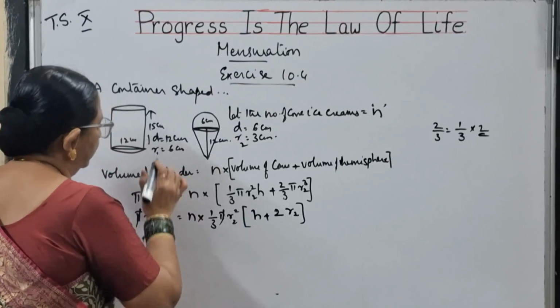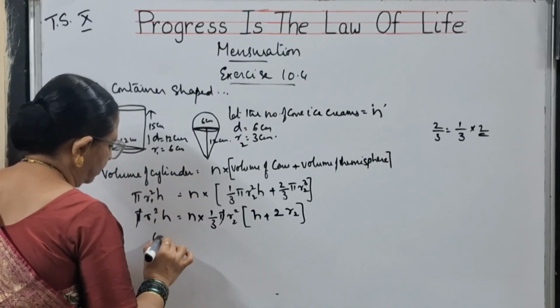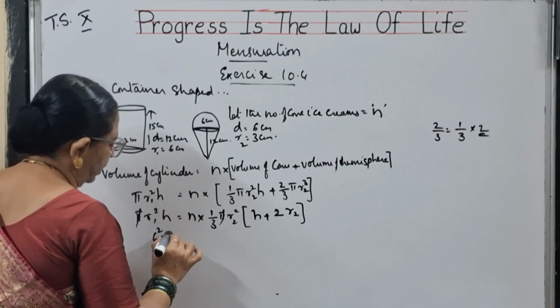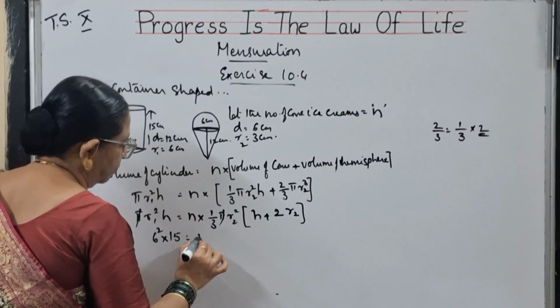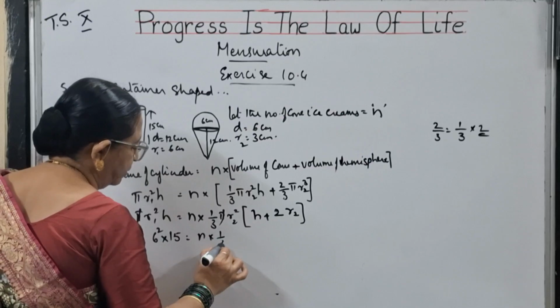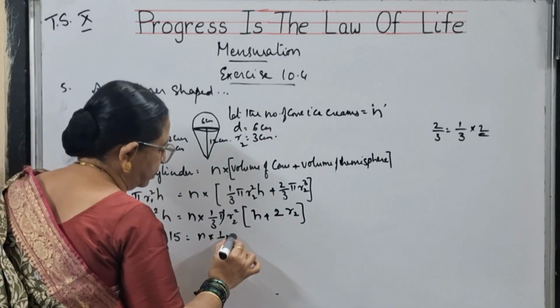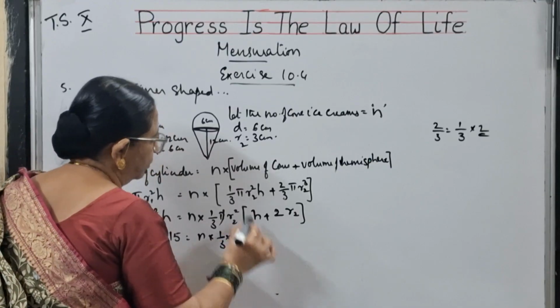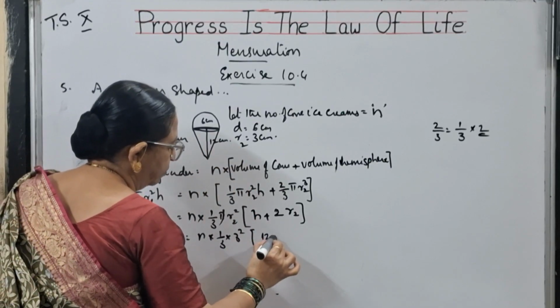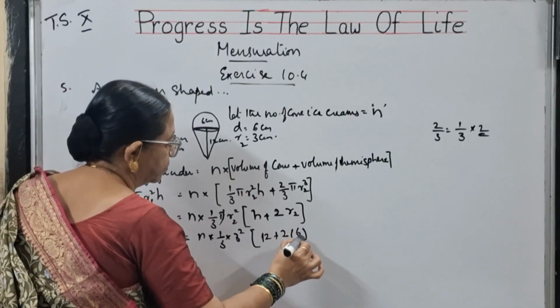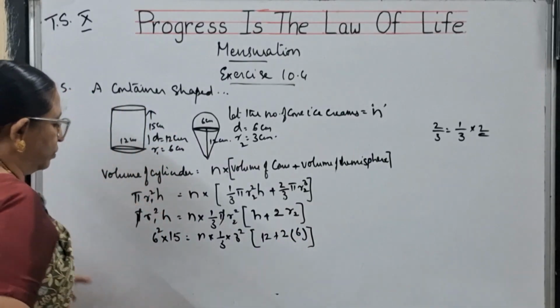So pi and pi will get cancelled. r1 is 6 centimeters, so 6 square into height 15 is equal to n into 1 by 3 into, here diameter 6 means r2 is 3 centimeters. So 3 square into height 12 plus 2 into r2.